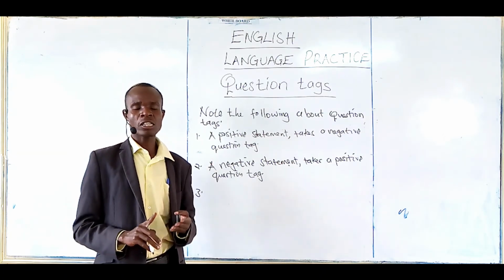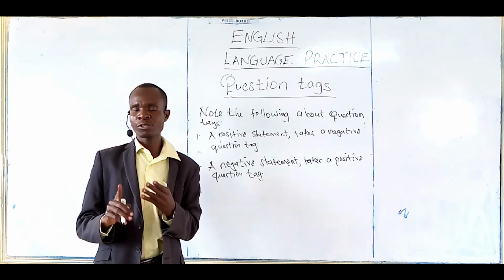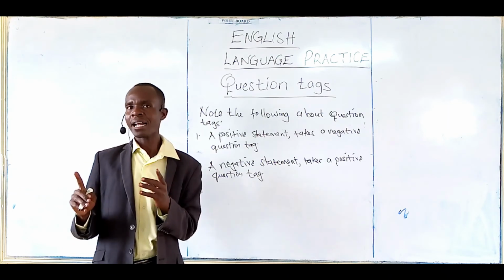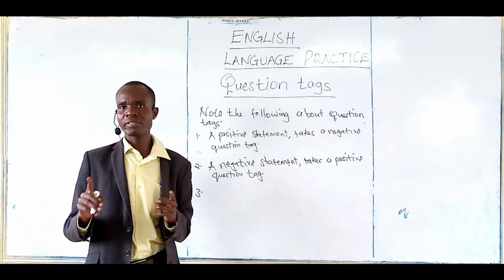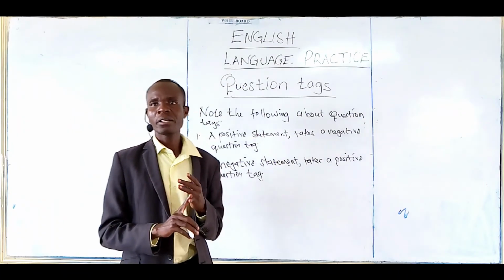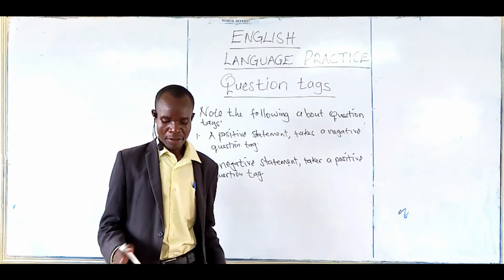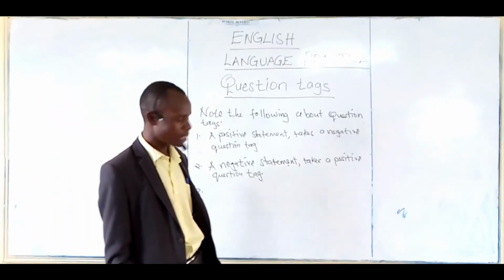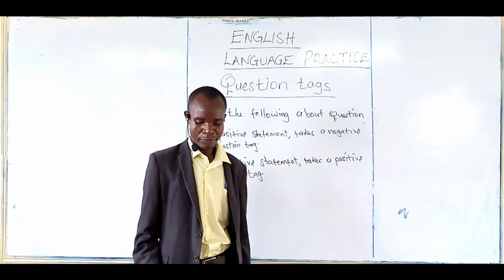Of course, when they use the article "a" with few and little, example, a few and a little, those are positive words. But if they don't use them, then it will remain negative.